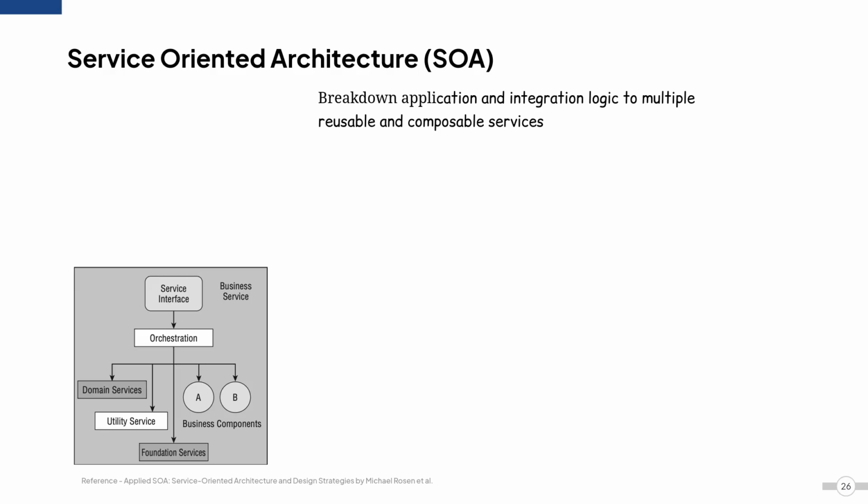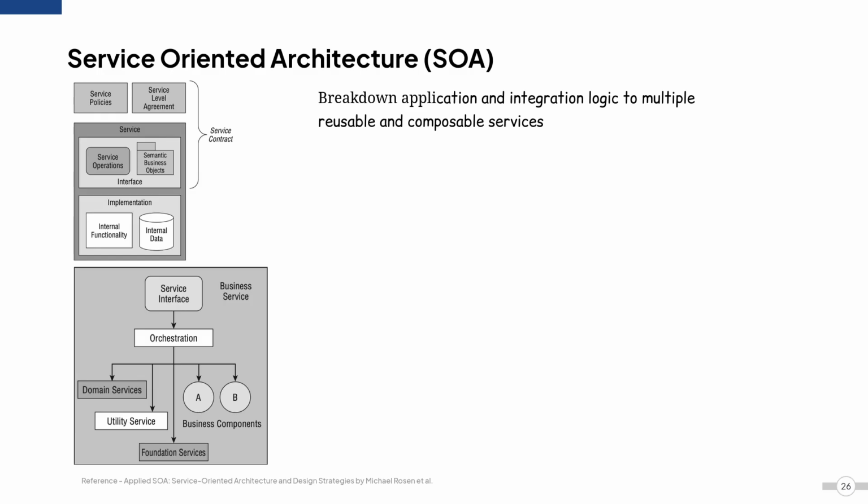That's why it's composable. You have broken down your application into different services, and your integrations as different services. It could be utility services as an integration service, or foundation service as an integration service, and these are now used by your business service.